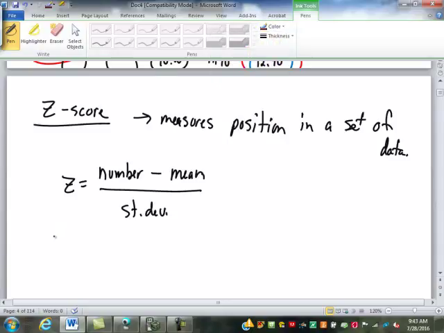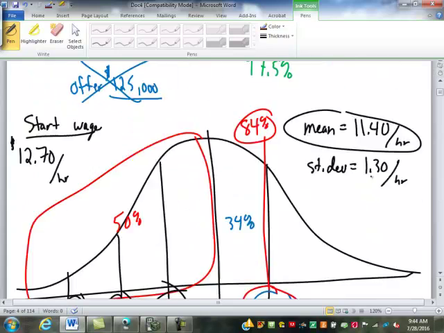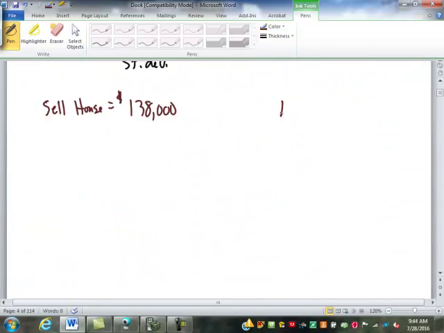For example, let's say that you are selling your house and you get an offer of $138,000. And we're still using that mean from up here. We had a mean of $148,000 and a standard deviation of $21,000.